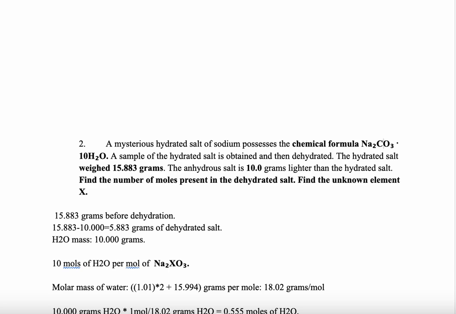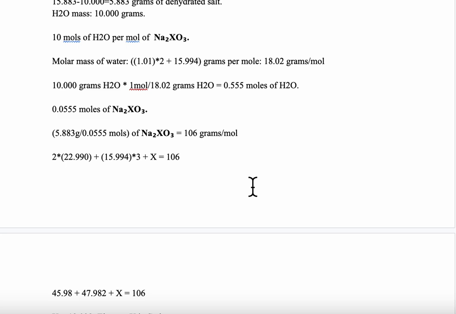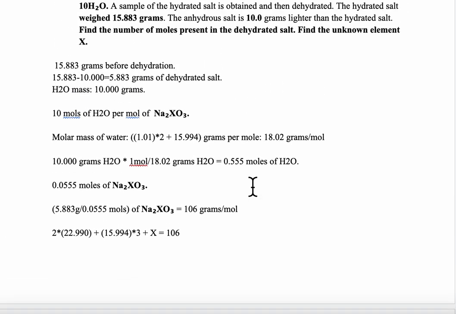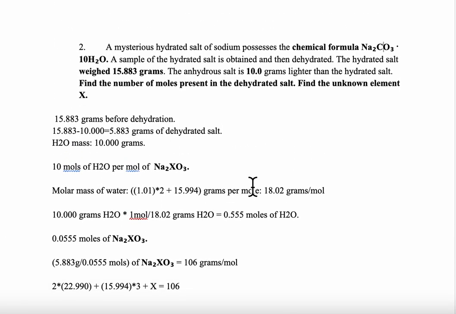Looking at the chart, it's most likely going to be carbonate or sulfite. So you're almost within the vicinity of being able to guess what that ion is, but this is really the more correct way to approach the problem, and it's a very interesting question.